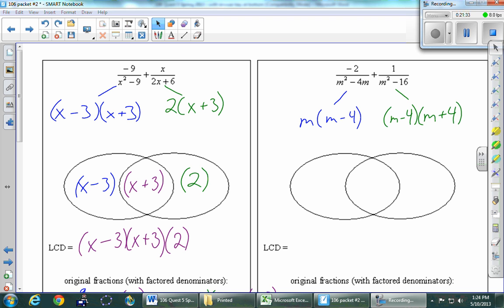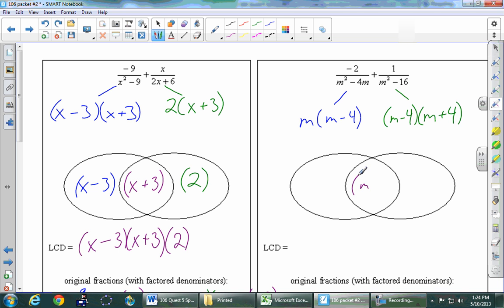What's the same? M minus 4 is the same in both. Where does it go? In the middle, keep it in parentheses. You've got blank spaces, fill in the other parts. First one, M. Second one, M plus 4, parentheses there. Not really necessary, but I'll just throw the single M in parentheses so it doesn't feel left out.